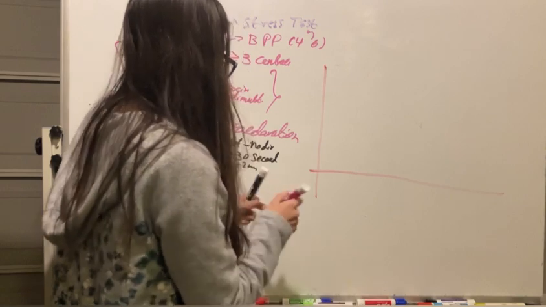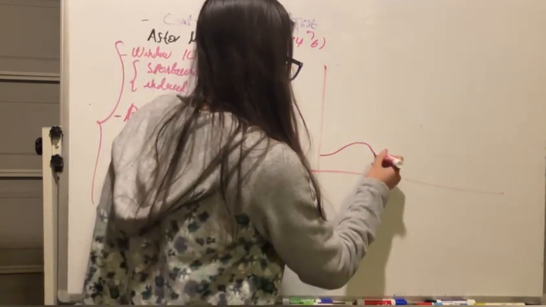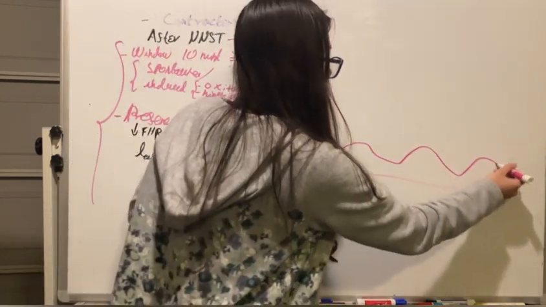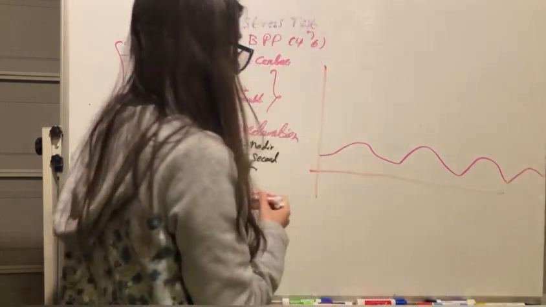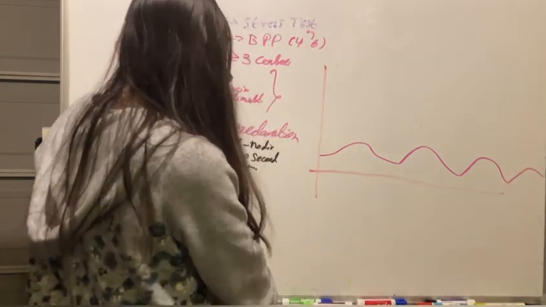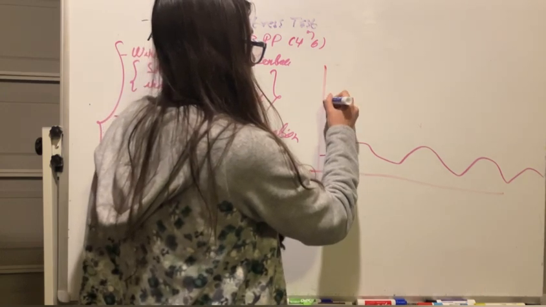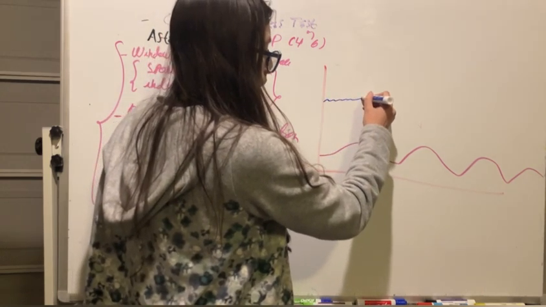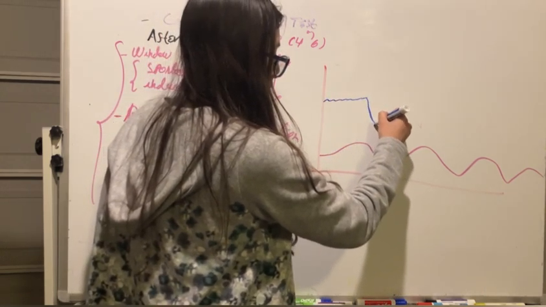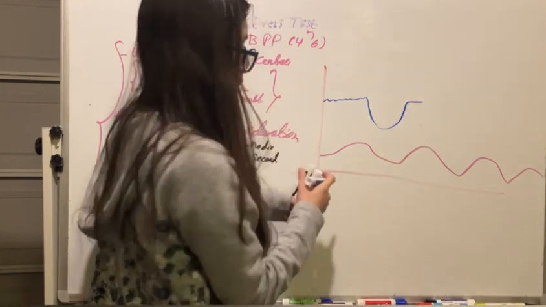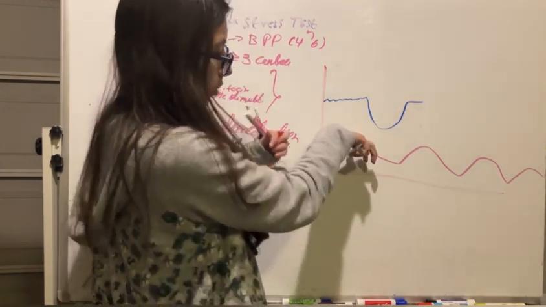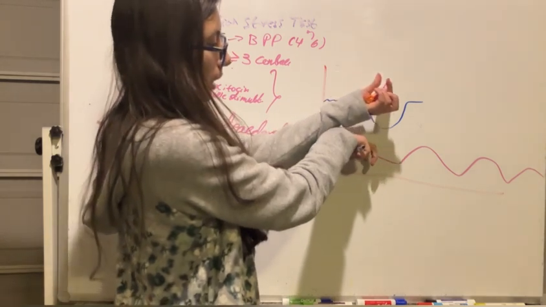So let's say we have contraction 1, 2, 3, 4 contractions, and a deceleration is a decrease in fetal heart rate, but this would be a late deceleration. So here we can see the contraction, and after the contraction the deceleration.